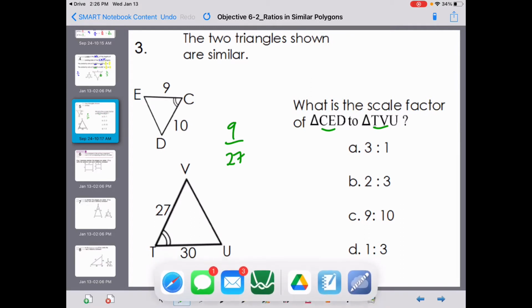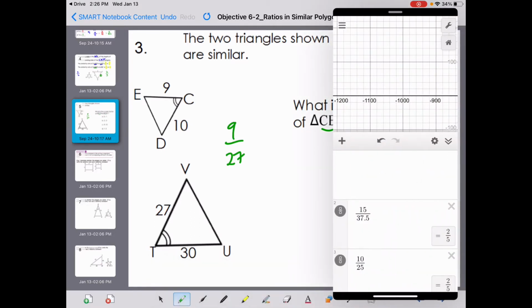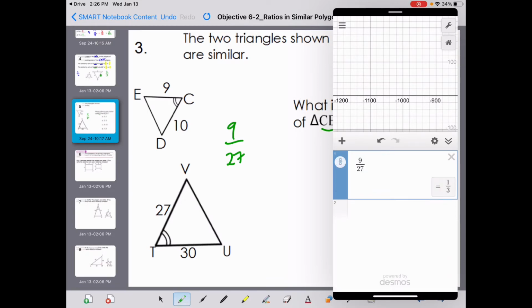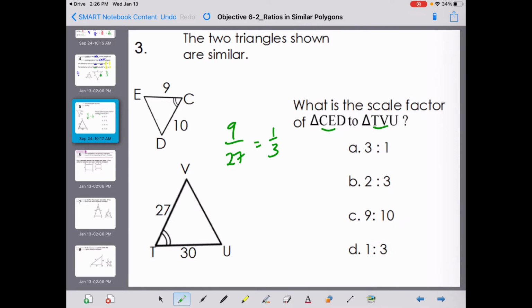When I type that in, 9 divided by 27, I get a decimal, 1/3. Now all I'm doing is hitting this little button over here on the left-hand side to make that decimal and fraction rotate back and forth. So D would be my answer.